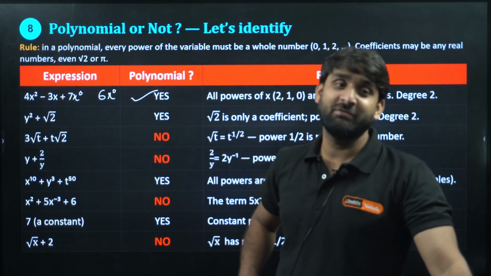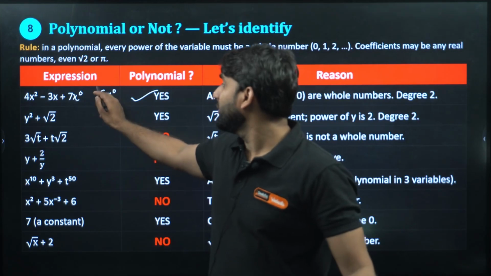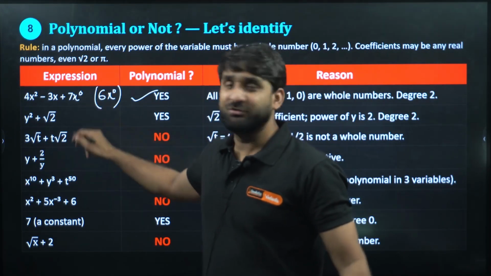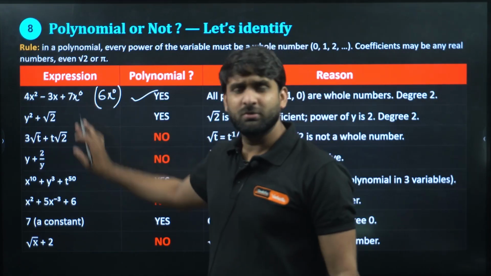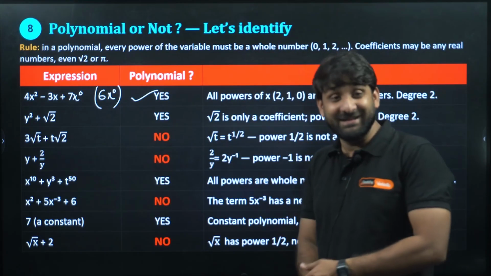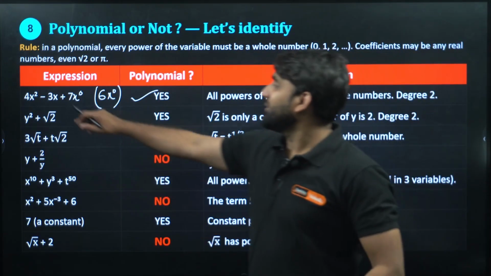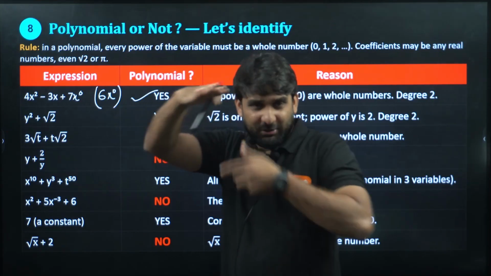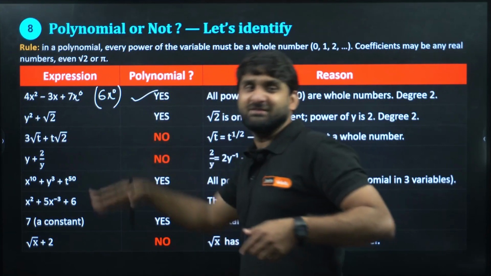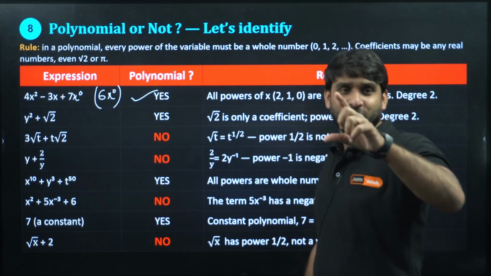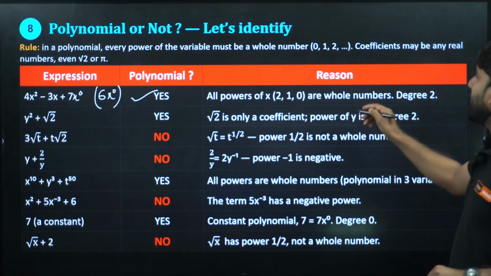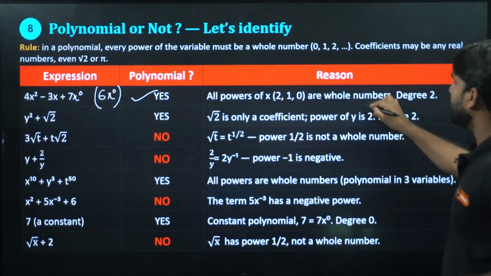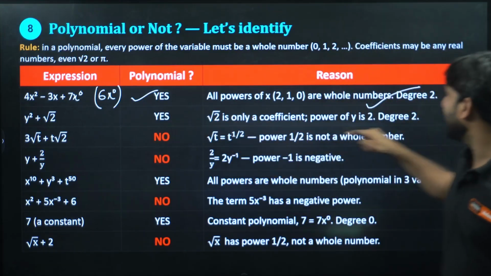So 7x to power 0, x to power 0 will be 1, so 7 into 1 will be 7. That's why we don't need to show it, but it's there. So power 2, power 1, power 0. Look at the polynomial: the exponent is decreasing gradually, 2, 1, 0. Now all powers of x, 2, 1, 0, are whole numbers, so this is a polynomial, and the degree will be 2.